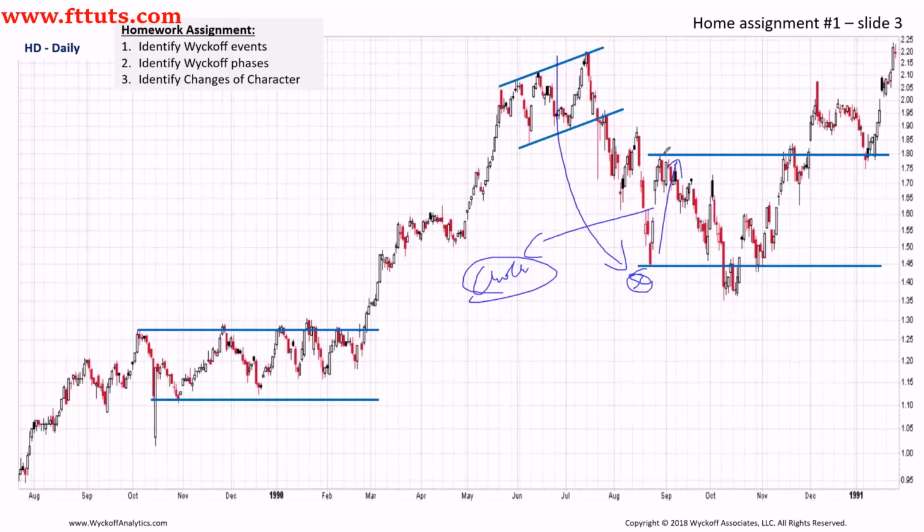It's the largest rally of all of the rallies we've seen on the downside. So here is our automatic rally. And then we have multiple tests: 1, 2, 3, and then test number 4 on the way down.